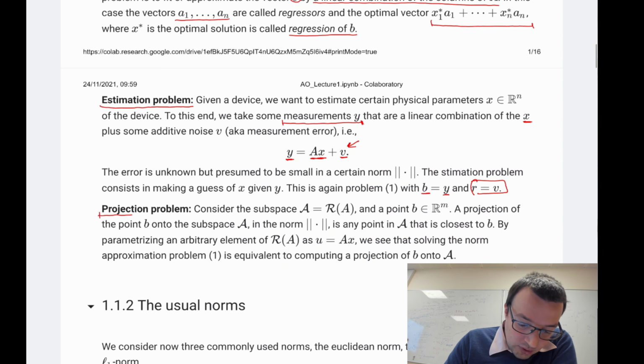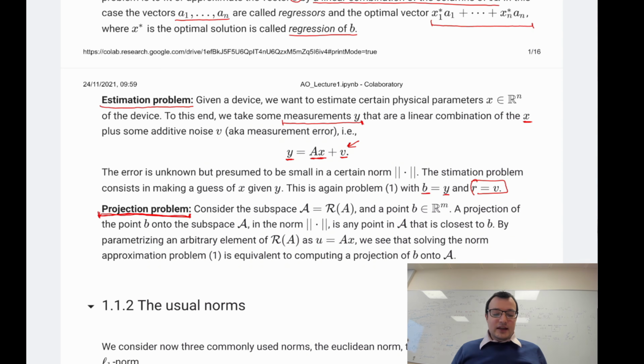Another field in which our problem is relevant is the projection problem. The projection problem is a geometric problem, and maybe you're not very familiar with geometric problems, but they actually have very practical applications. So let's formulate it and then think about possible applications.